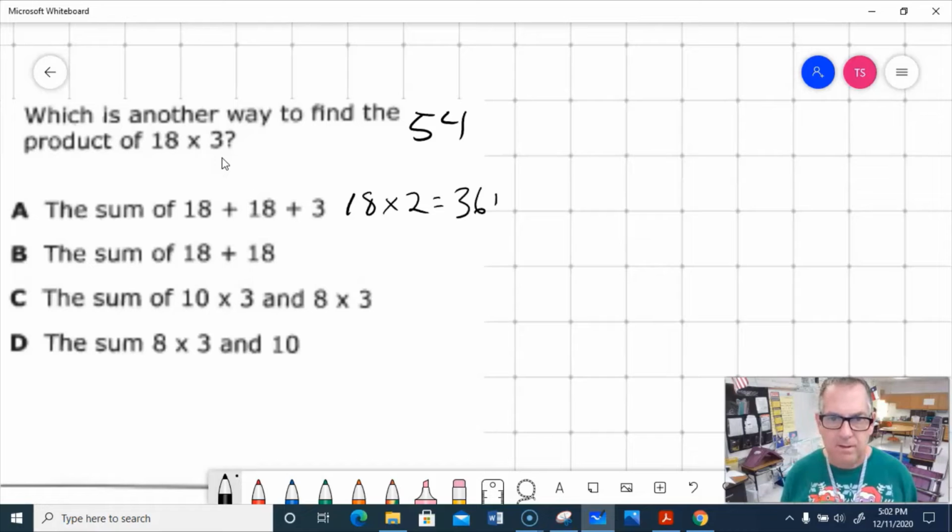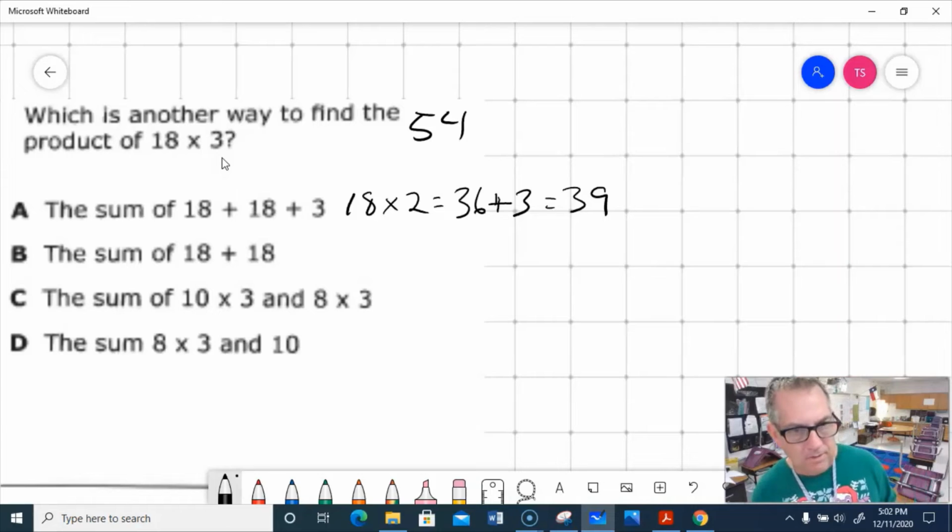And then I add 3 more to it. That would equal 39. So the sum of 18, 18, and 3 is 39. What is the sum of 18 plus 18? Yep, that's correct. We already did that one. We said 18 plus 18 is 36.